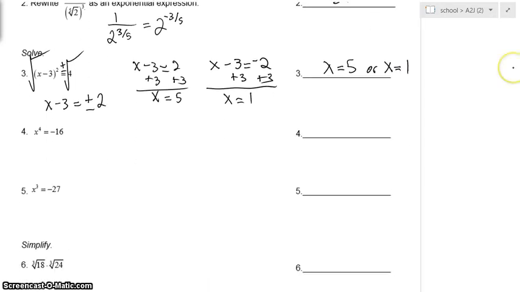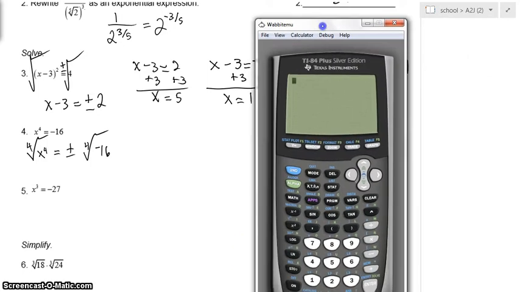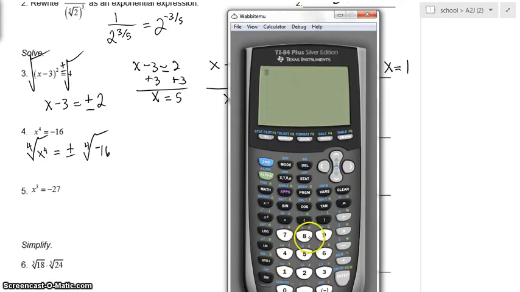Continuing on, taking a look at number 4, very similar process. We're going to take a 4th root on both sides, but again, we need to do a plus or a minus. We'll be taking the 4th root of that negative 16. But again, to help you, I think many students know that there's no solution because you can't have a negative inside of an even root.